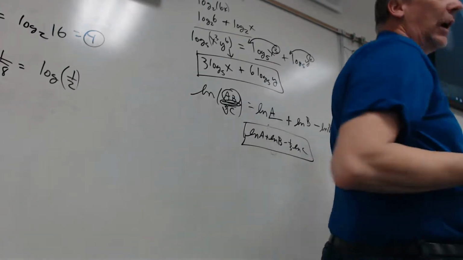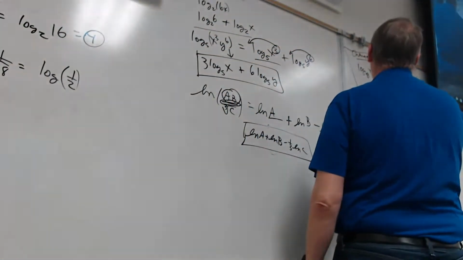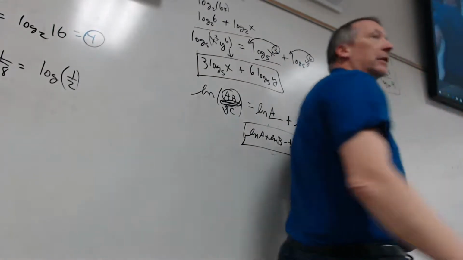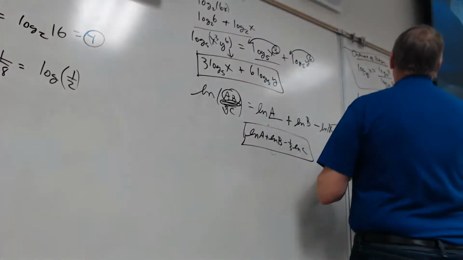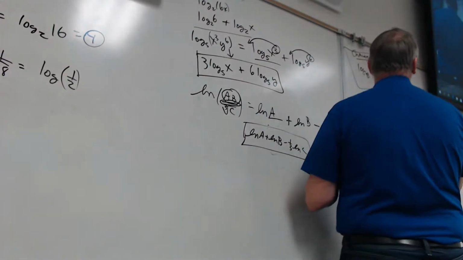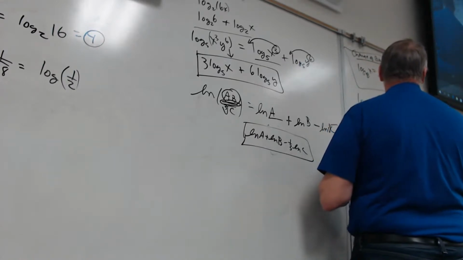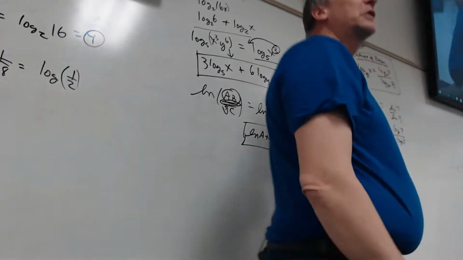Now, on your calculator, you've got common logarithms and natural logarithms. So typically, like if I wanted log base 3 of 7, let's say, I could change that to the ln of 7 divided by the ln of 3, or I could change it to the log of 7 divided by the log of 3. Those are the two most common.